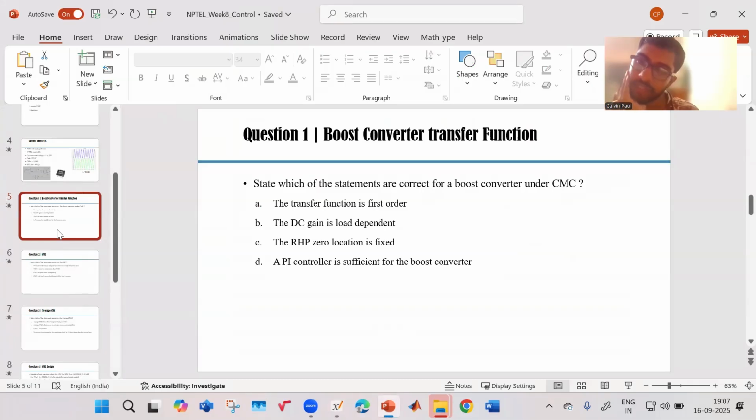What is the transfer function of a boost converter in current mode control? So which of these things are correct? What do you think is correct? What do you think is wrong?